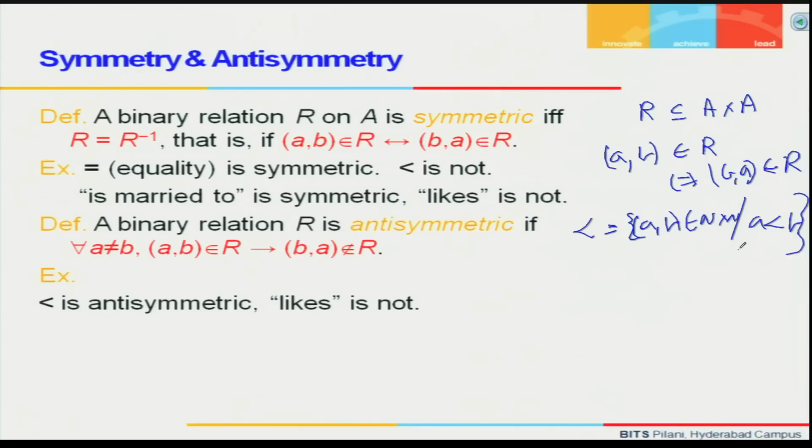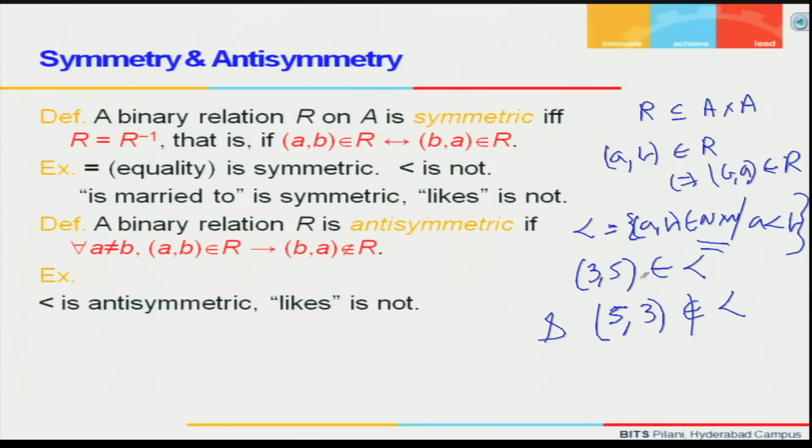It is not symmetric because 3 comma 5 belongs to this relation and 5 comma 3 is not there in the relation. Do you agree that 5 comma 3 is not there in this relation? Yes, it is not there because 5 is not less than 3.